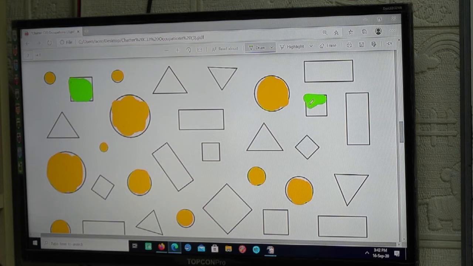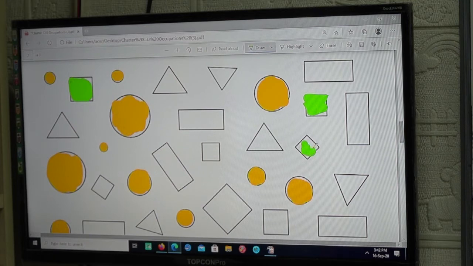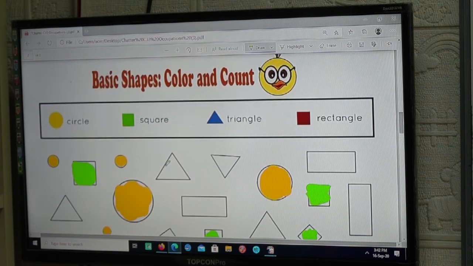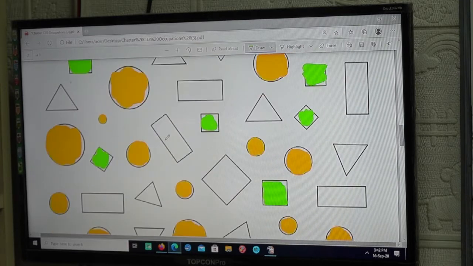Square, square, wow. Squares. They come in different sizes. Don't get confused between squares and other shapes.